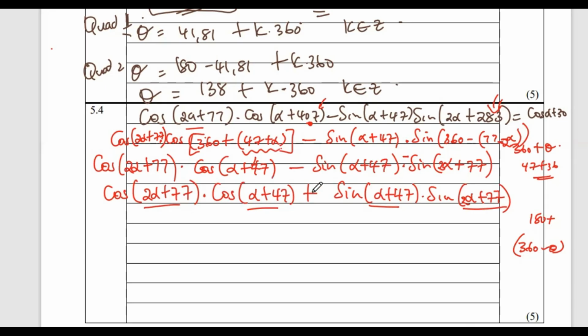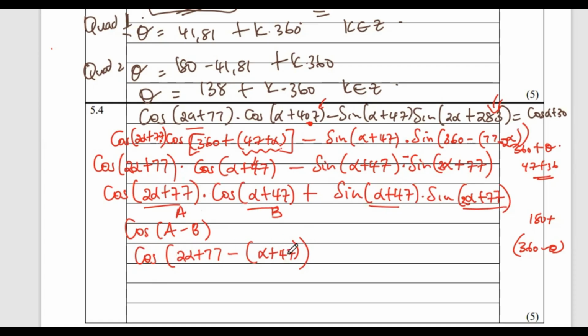If I call this my A, and I call this my B, it's the same as cos of A minus B. Okay, so I'm going to say cos of 2 alpha plus 77 minus, this is going to be alpha plus 47, because when you open these compound angles, you end up with that.